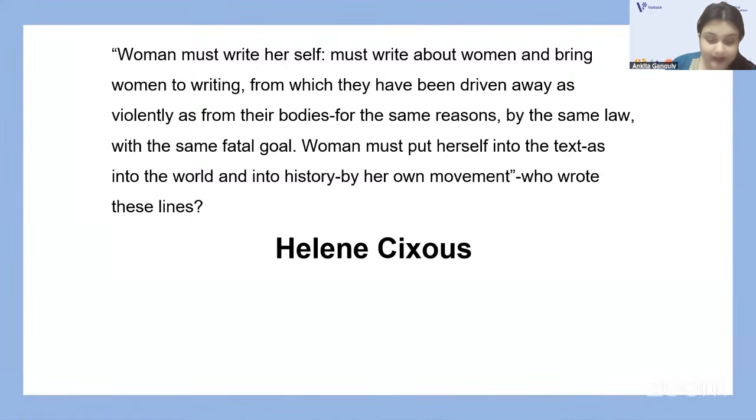It is a very important essay. Very importantly, it talks about the concept of écriture féminine, which talks about the woman writing about herself and using her body as a tool of her self expression.